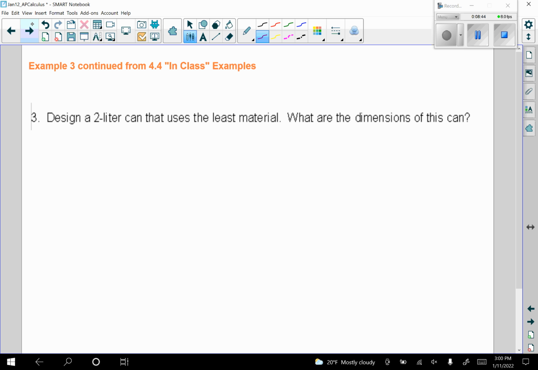So there's a couple bits of information we need to know here. The volume of this can is the 2 liters. And 1 liter is equal to 1,000 cubic centimeters. We can always draw a picture as best we can of a can here.